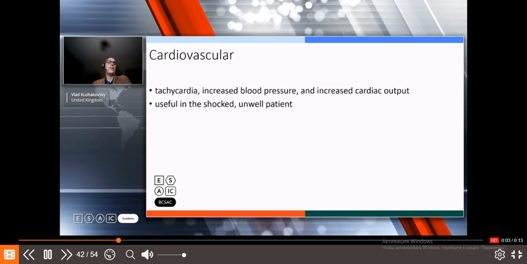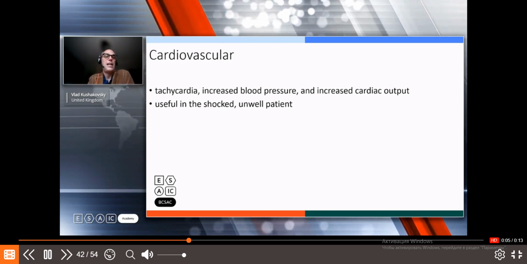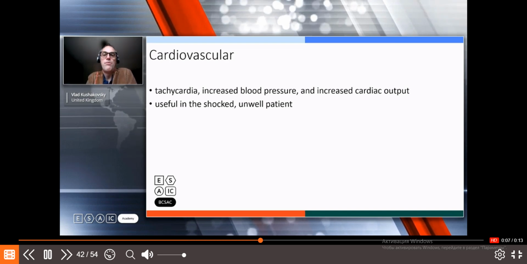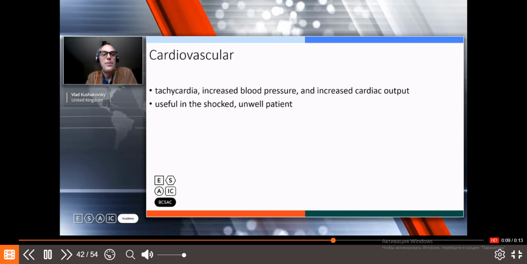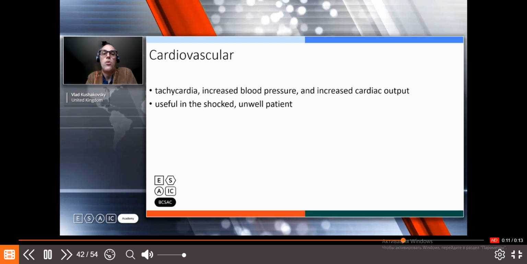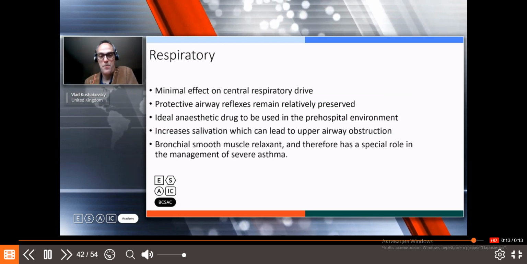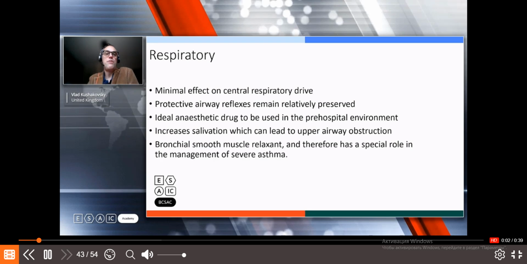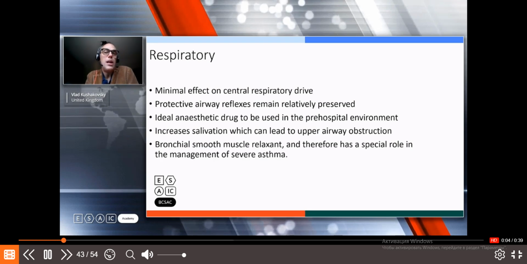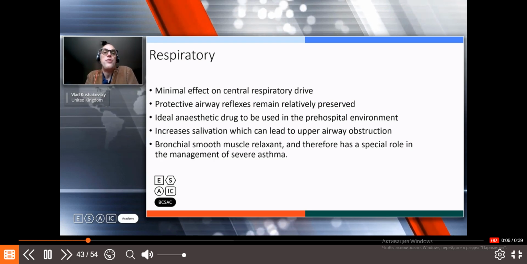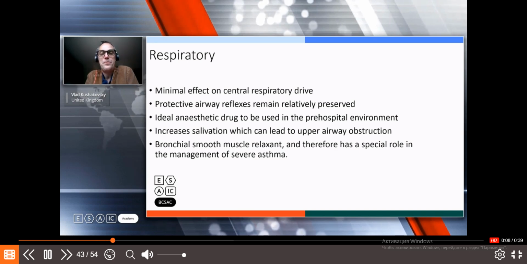Cardiovascular effects: it produces a bit of tachycardia, increase in blood pressure, and increased cardiac output. It is very useful in shocked, unwell patients. Respiratory effects are minimal, with minimal effects on central respiratory drive.